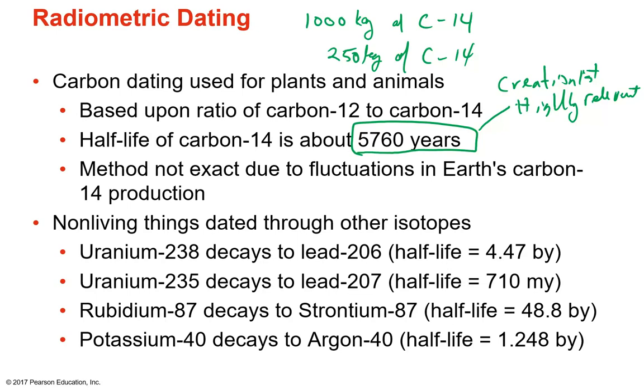And if you go to 10 half-lives, you have less than 0.1% remaining. And carbon-14 just doesn't go that far. Carbon-14 dating can only go out to about 50,000 years because you just have too little carbon-14 remaining after that time. So carbon-14 to an evolutionary viewpoint is irrelevant.